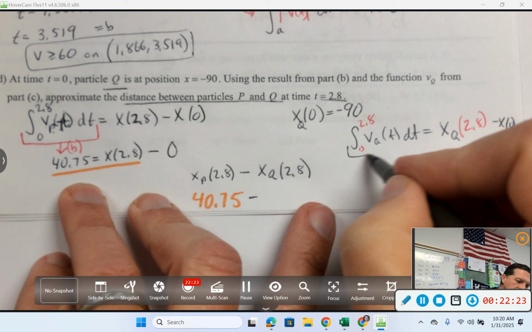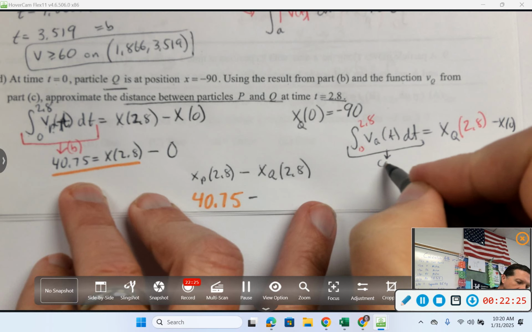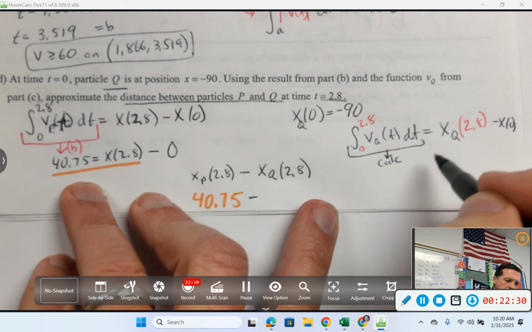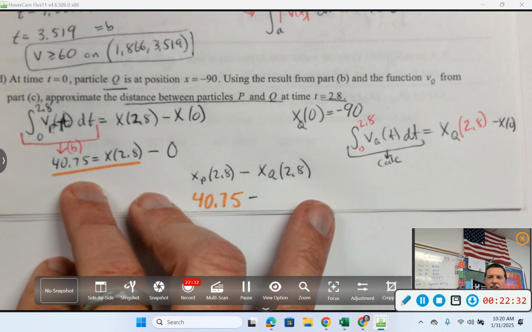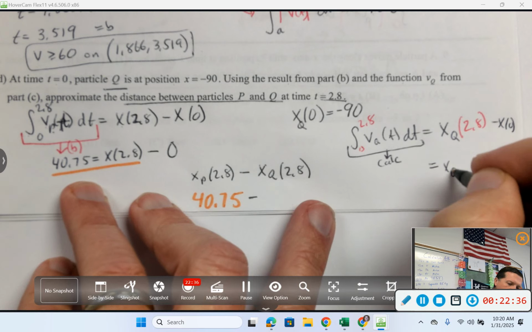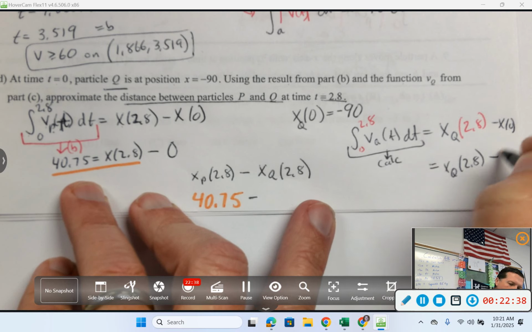Okay, so this is in the calculator. We found one of those, but that's not what we found. We found something else. So I'll need the calculator to find that again.